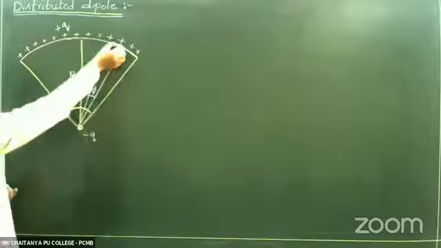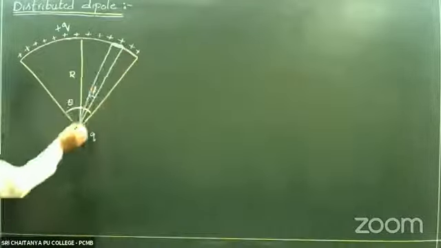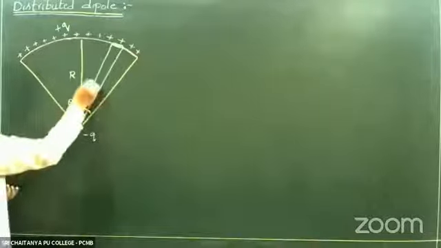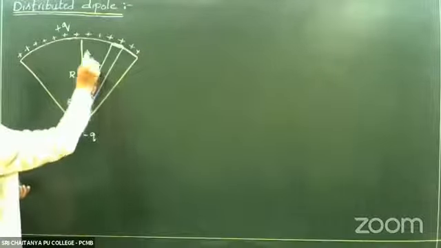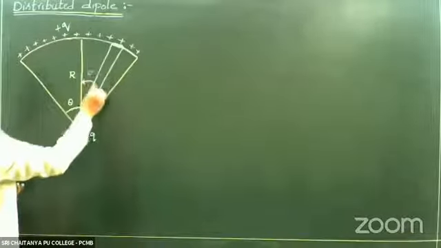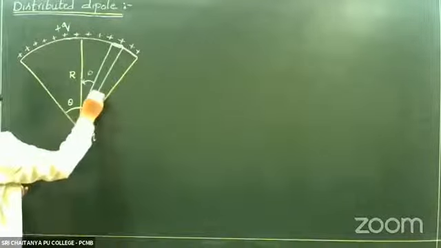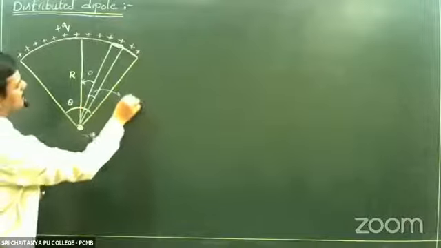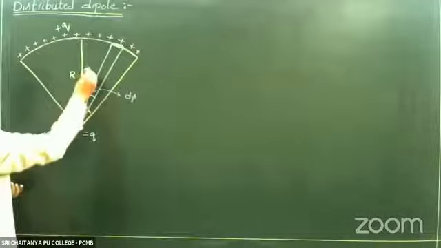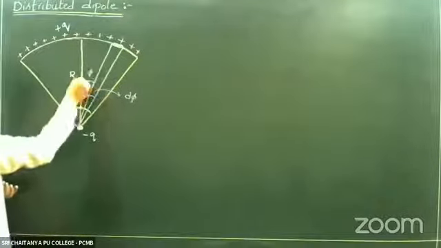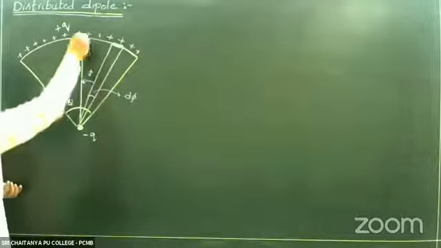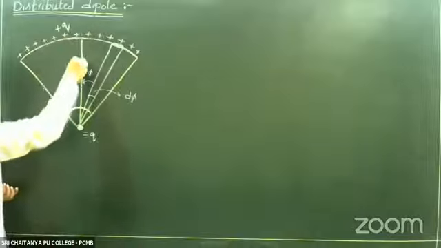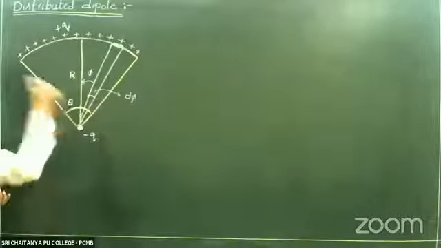This line joining the small portion to this point makes an angle phi. For this portion, let us say the angle is d phi, and it is making an angle phi with this bisector, right?